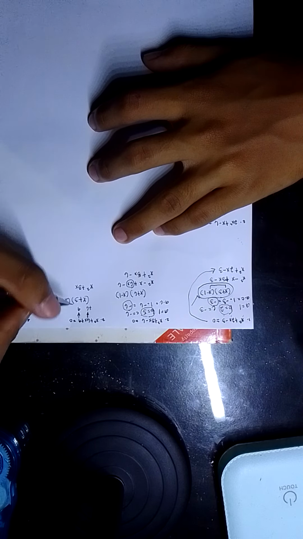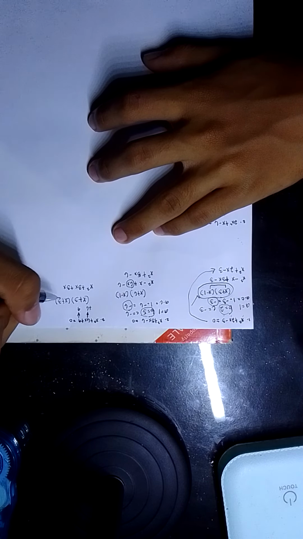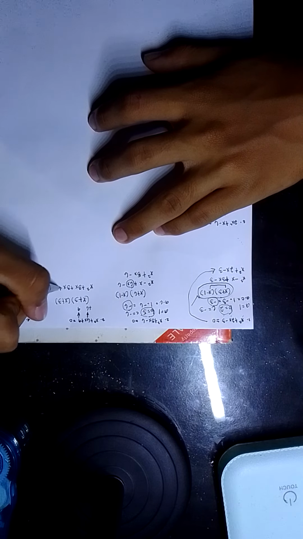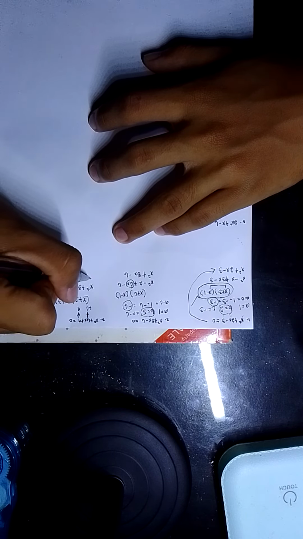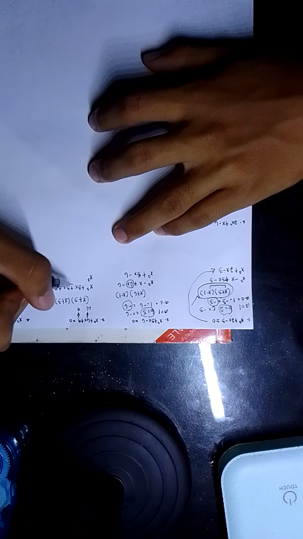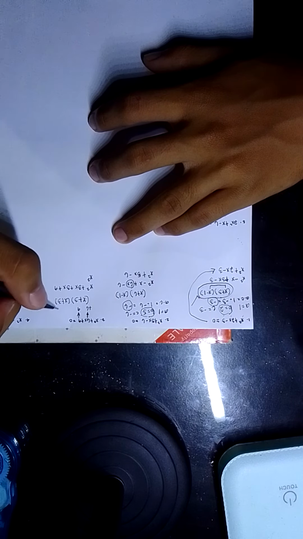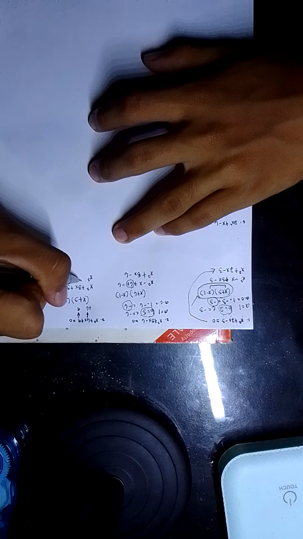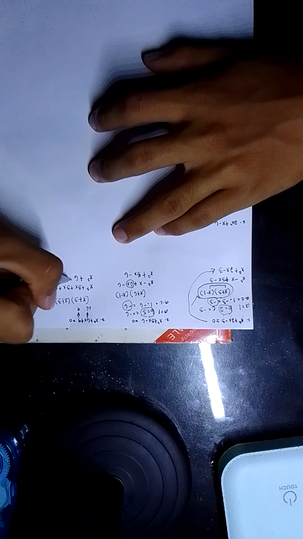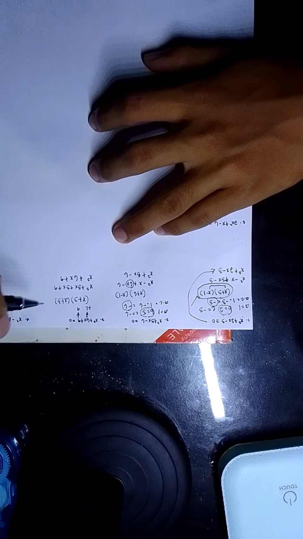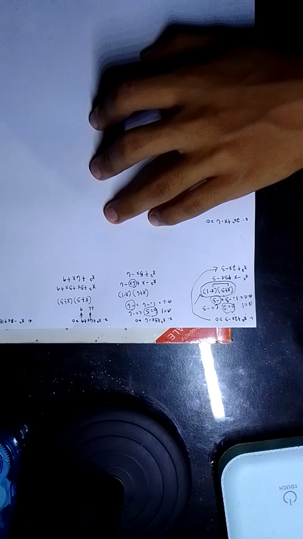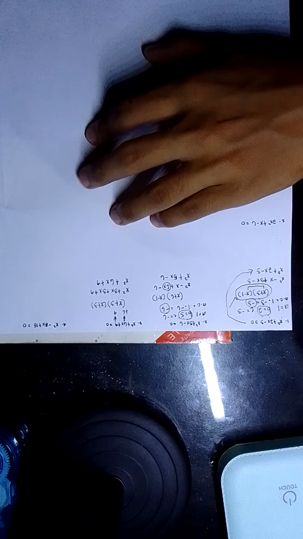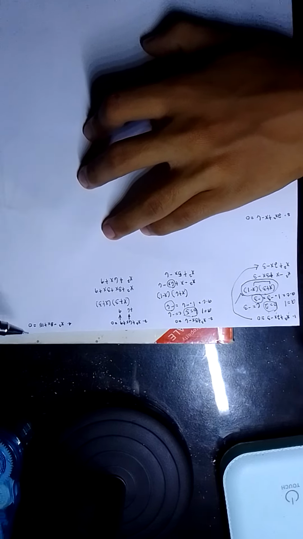Then 3 times x is 3x. 3 times 3 is 9. Combine the like terms. Copy x squared. Then since they are both positive, we're going to add them. Positive 6x and plus 9.